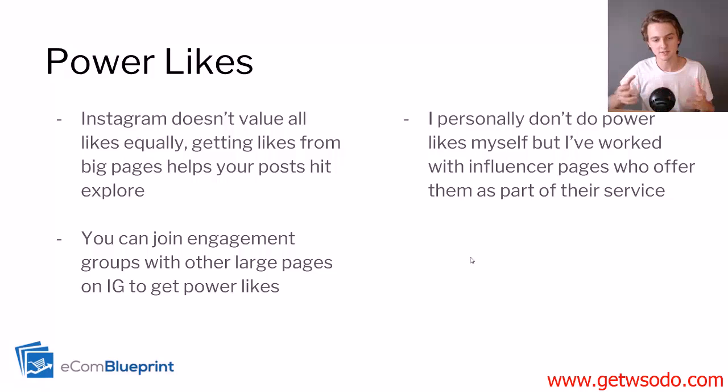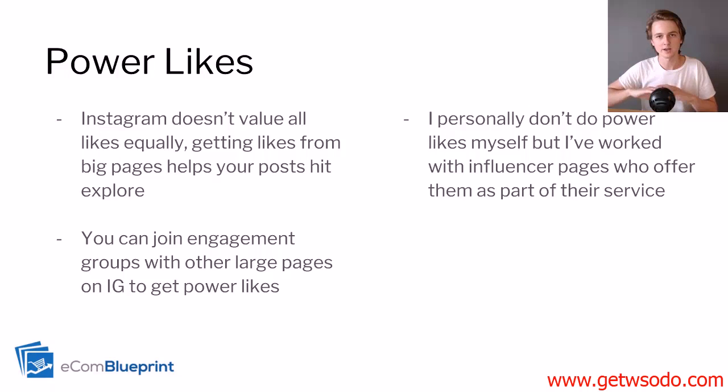Basically, Instagram doesn't value all likes equally, and if you get likes on a post from big pages, that helps your post do better. Instagram uses likes as a metric to determine which posts are better. But because there are so many fake likes and spammy accounts, they weigh the likes based on how big a page is.